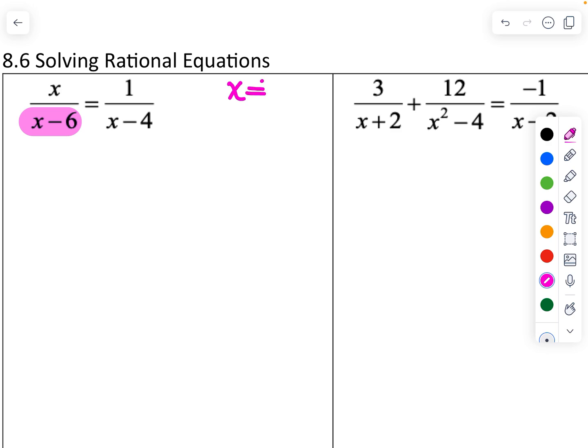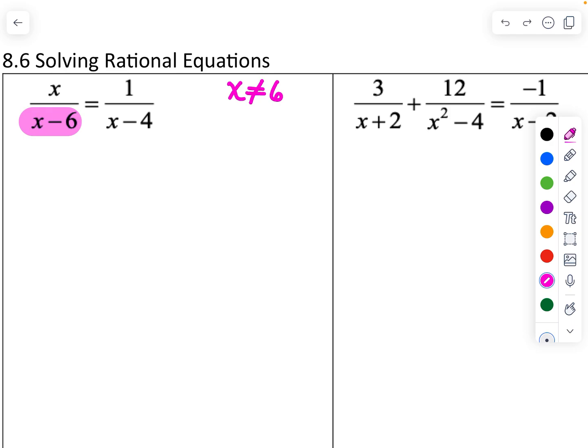The reason it can't equal 6 is if we put 6 in where x is, we get a fraction that has 0 in the denominator, and that's undefined. So if x turns out to be 6, then we have to say that there is no solution. So we have to state that.